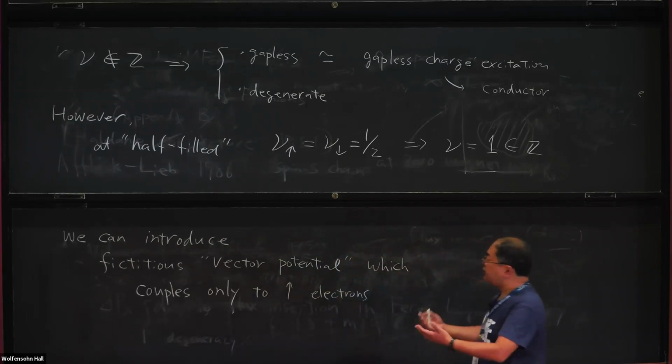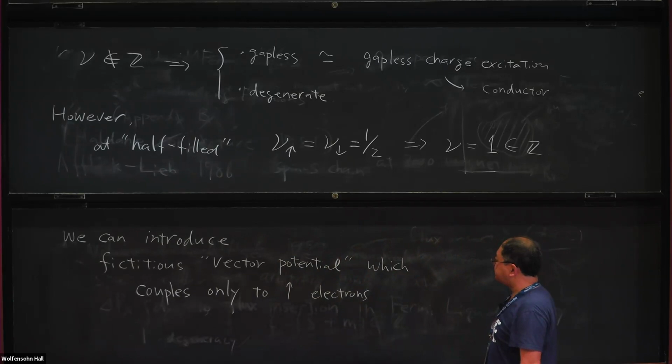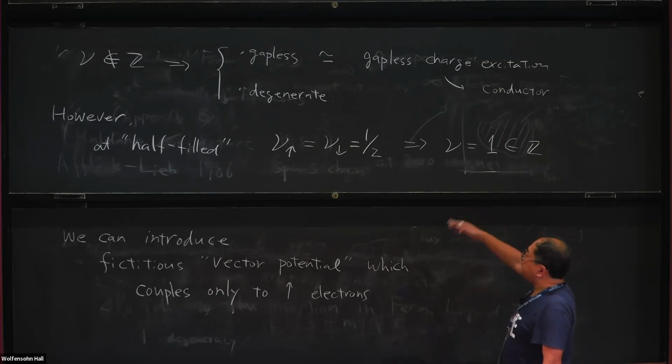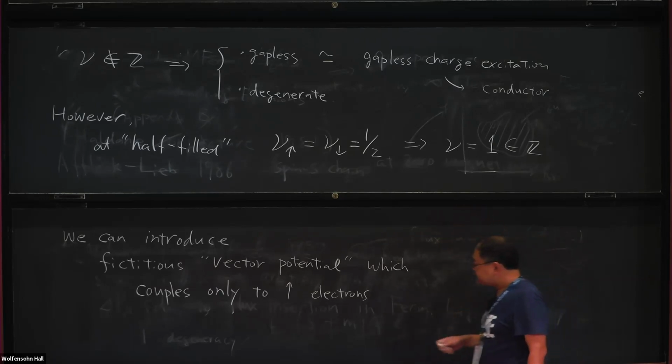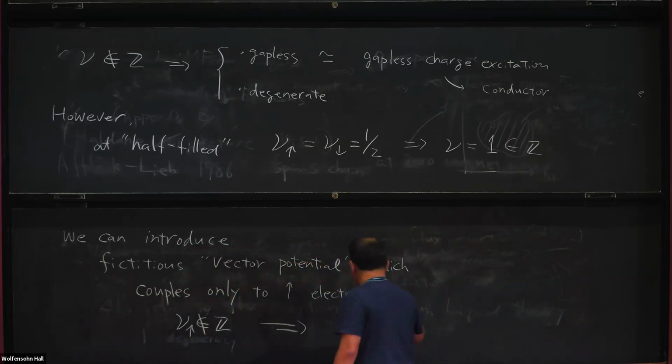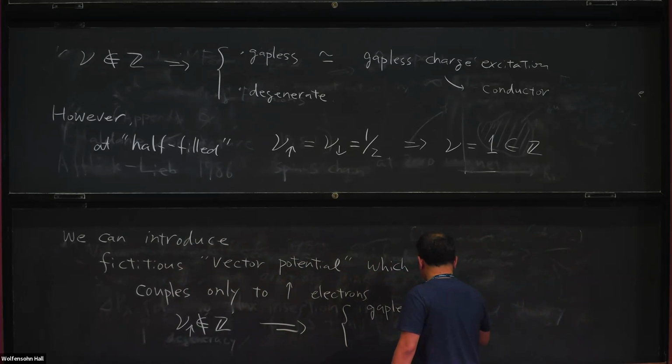Then you can still do this flux insertion process. Then what we can conclude is that if nu up is non-integer, then there is either gapless excitation or ground state degeneracy.